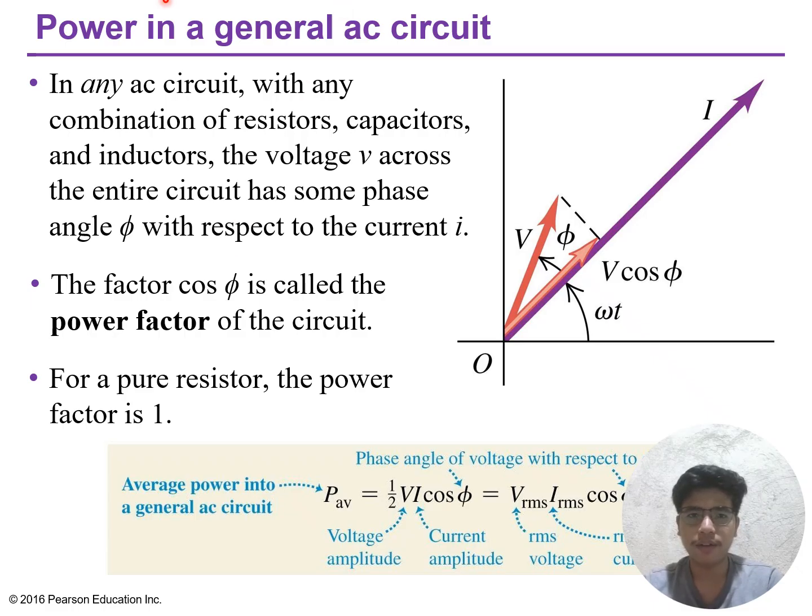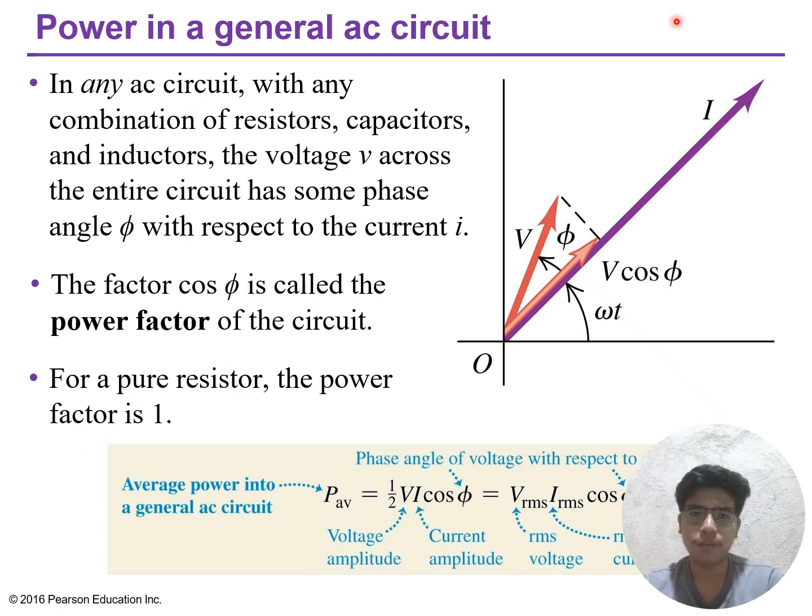The power factor is denoted as cosine phi, a dimensionless number between 0 and 1 that quantifies the efficiency of power delivery. For a pure resistor, phi is equal to 0 degrees, cosine phi is equal to 1, and all the apparent power becomes real power.